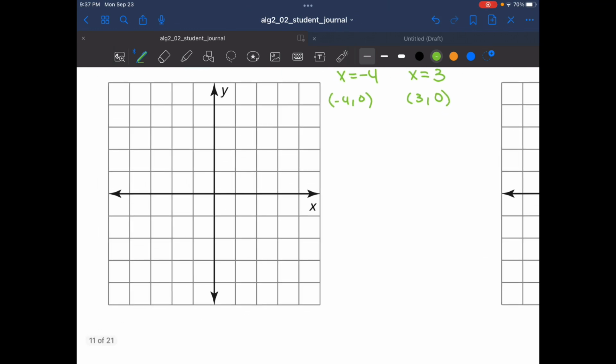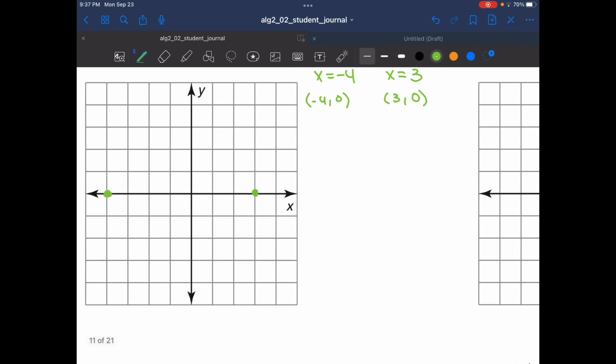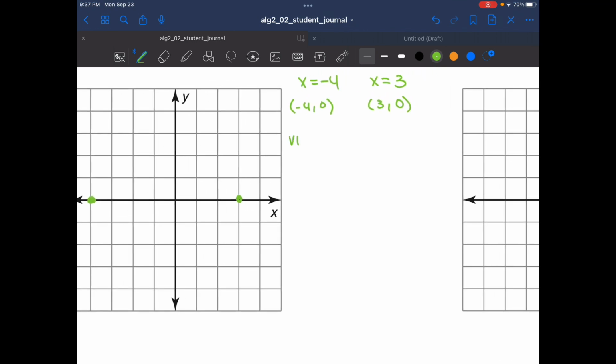So I'm going to go ahead and plot those. So 1, 2, 3, 1, 2, 3, 4. Let's go ahead and find our vertex now. So the vertex, right, our h is equal to negative 4 plus 3 over 2, right?